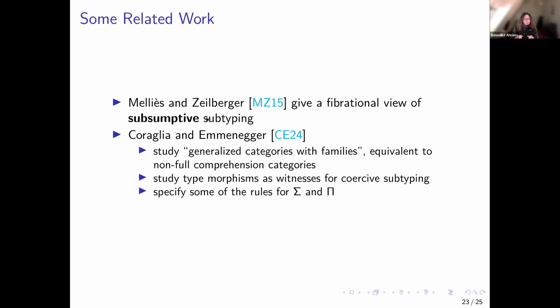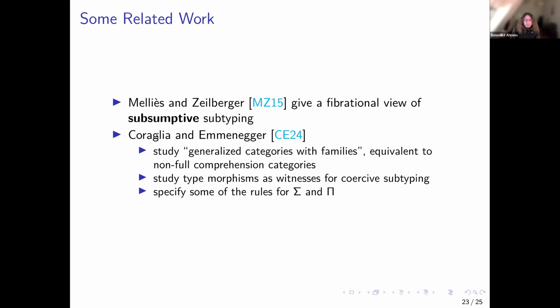Subtyping happens without a trace. Whereas in coercive subtyping, there is a function that mediates between the subtype and the supertype. And in particular, there could be several coercion functions between two same types. In subsumptive subtyping, that does not seem to be possible, as far as I understand it.